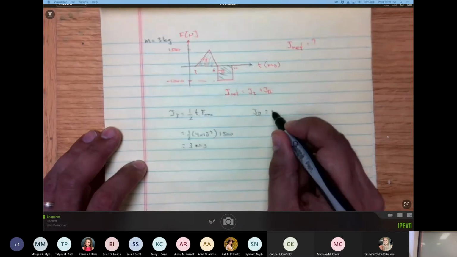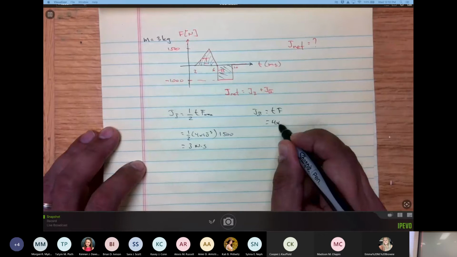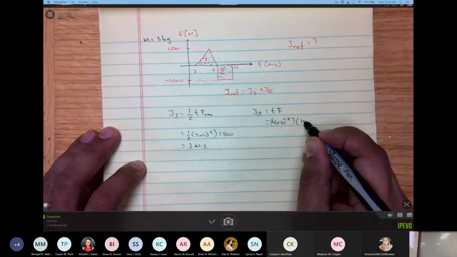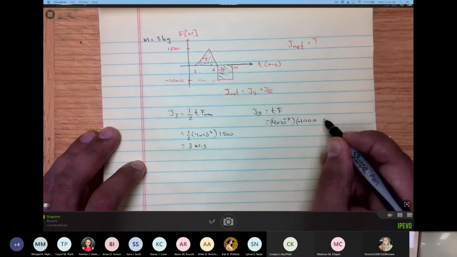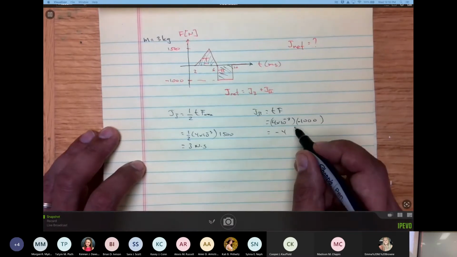That will be 4 milliseconds multiplied by negative 1,000. So that will give you negative 4 newton seconds. So you add the two together.